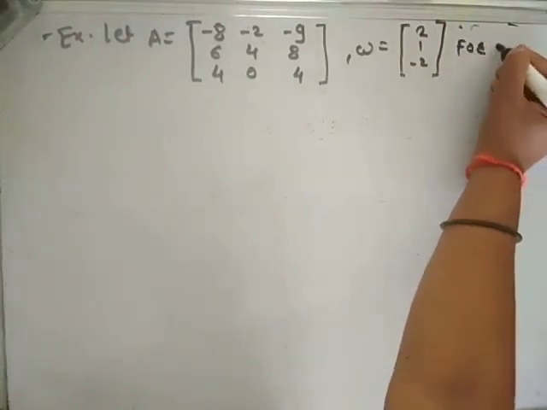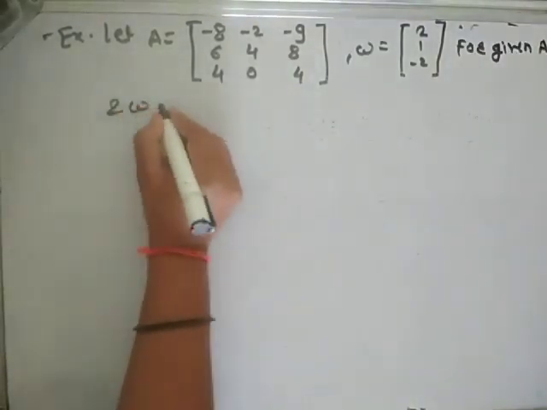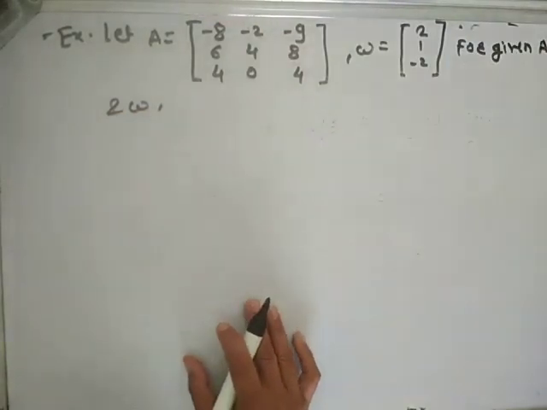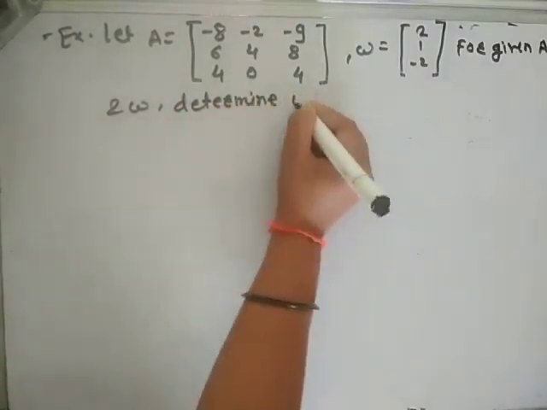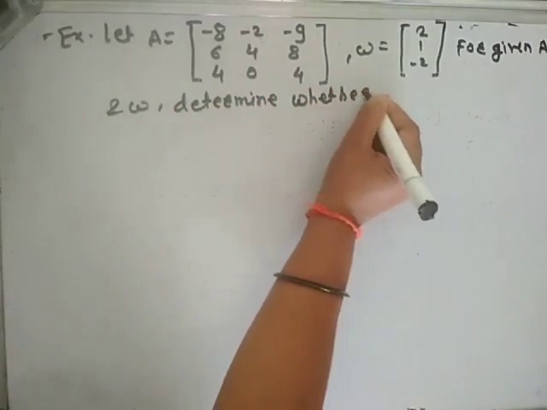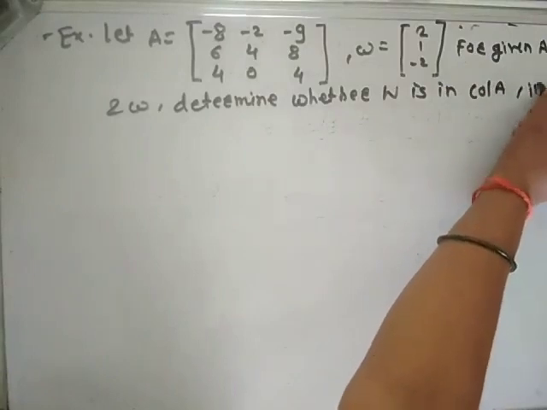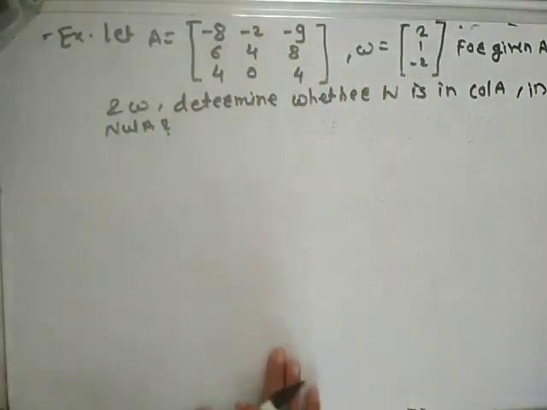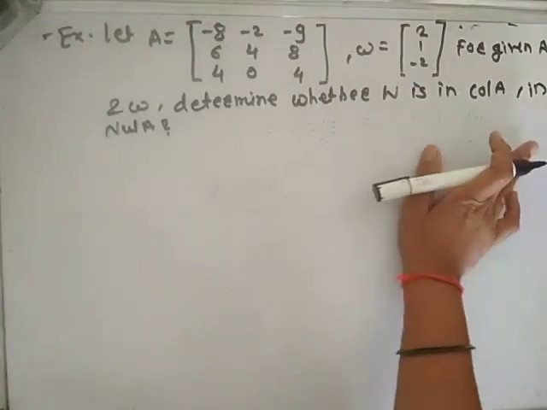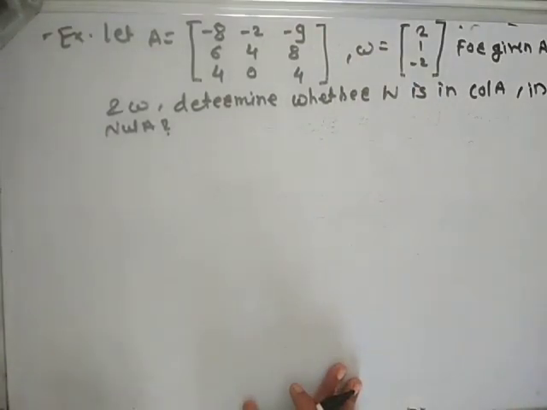Given A and W, determine whether W is in the column space of A or in the null space of A.